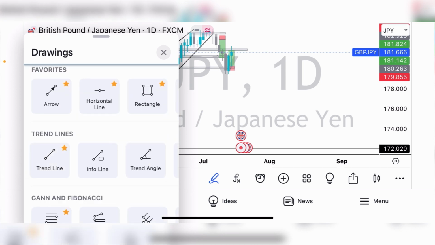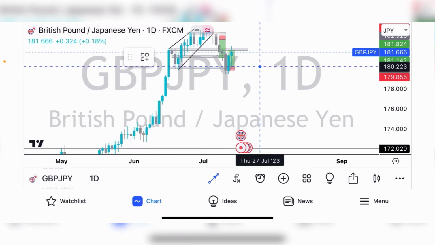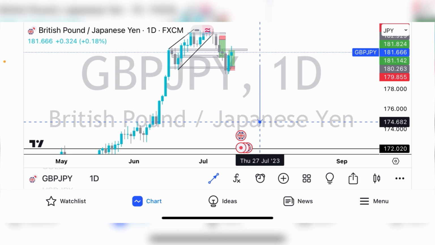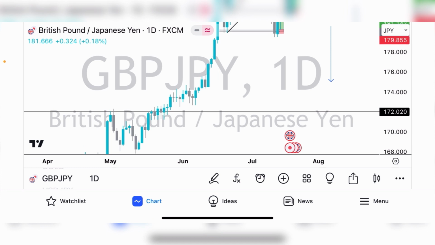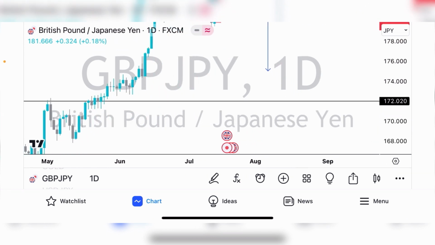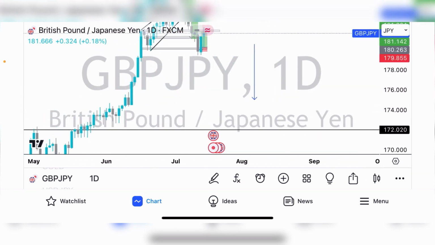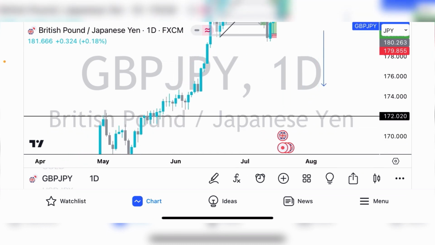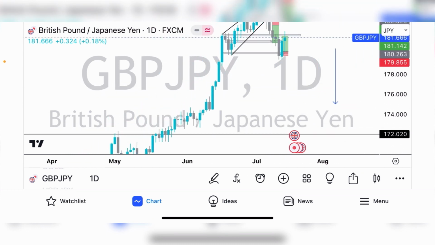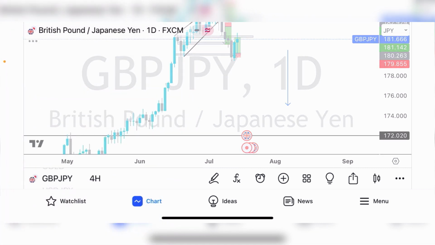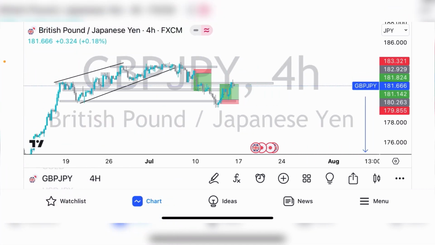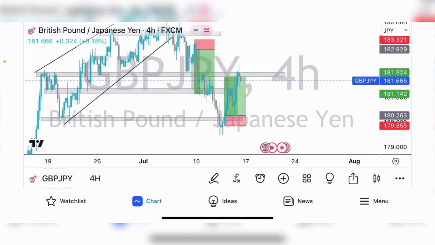If the market has decided to drop from here, it has to drop all the way to right here, because this is the only previous resistance on the daily time frame. So if the market is to drop, I see it dropping up to that level on the daily, and it can go down to the H4 to look for our next direction.